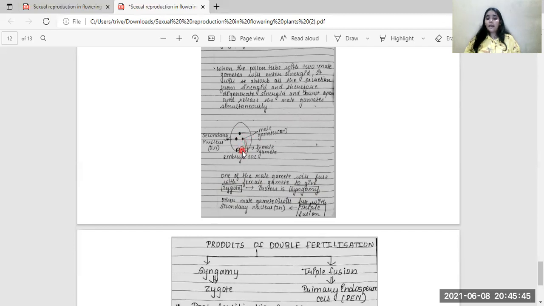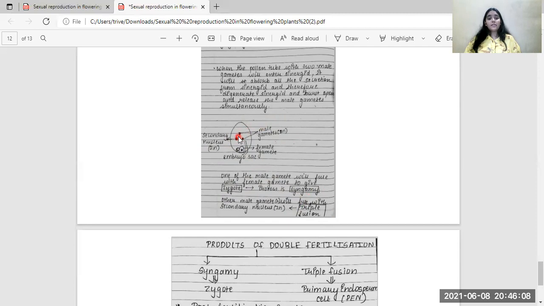The other male gamete fuses with the secondary nucleus. Male gametes are haploid and this is diploid. Therefore, the product is triploid, and therefore it is known as triple fusion.